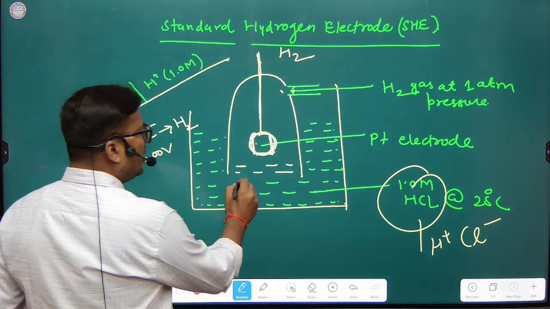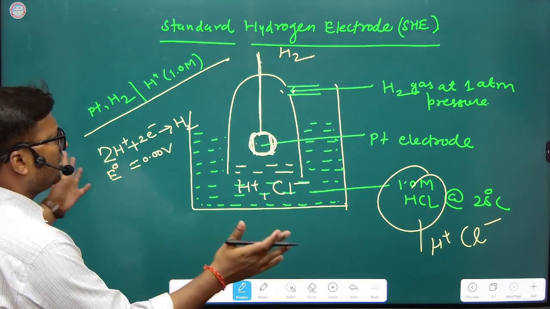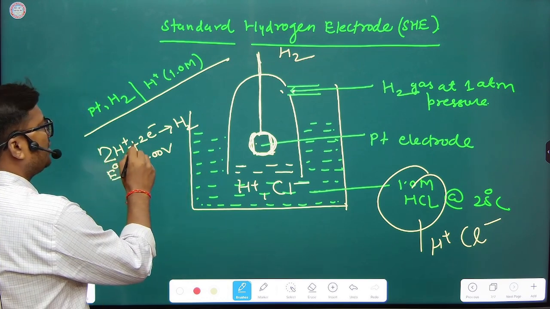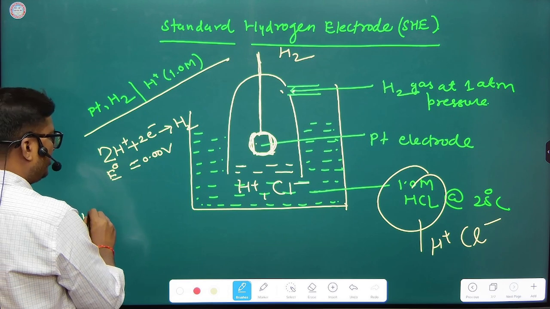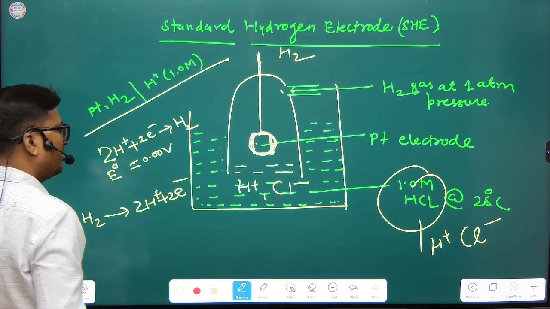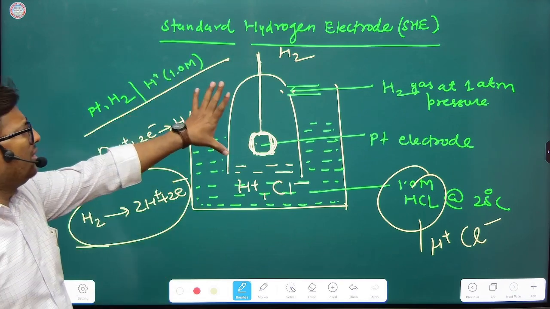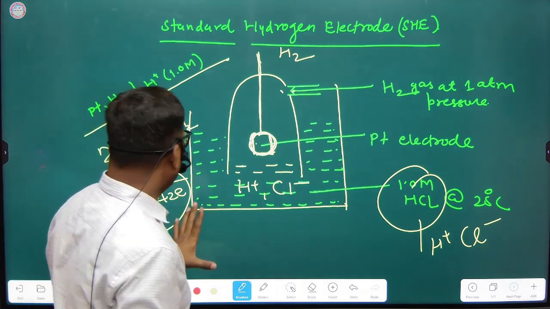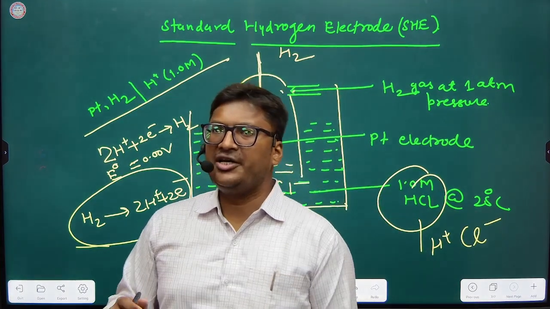This contains H plus and Cl minus, right? If there is a reduction of the H plus, then the reaction happens like this: 2H plus and 2 electrons are converted to H2. Or it can be H2 going to 2H plus, with 2 electrons released. If this electrode acts as an anode, there may be oxidation of the hydrogen, converting it back to hydrogen ion in the solution by releasing the 2 electrons.